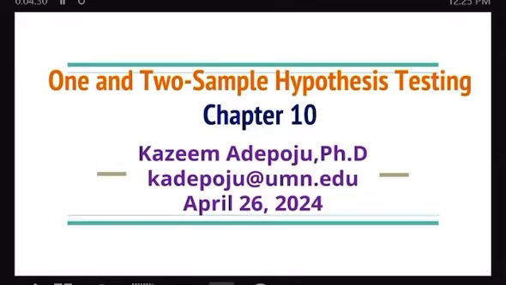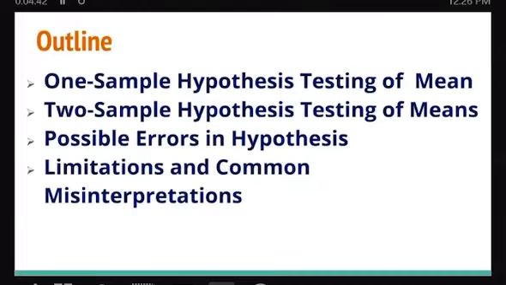Okay, let me go to today's. We started the hypothesis testing the other time, and today we're going to continue. In the outline, we're going to talk about hypothesis testing for mean, both one and two population.